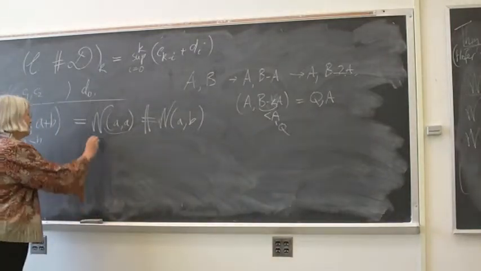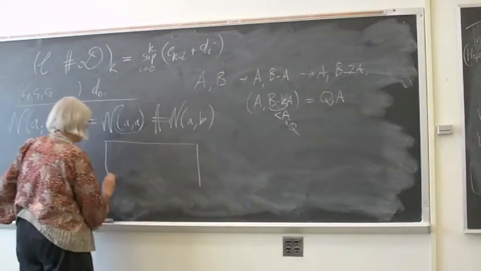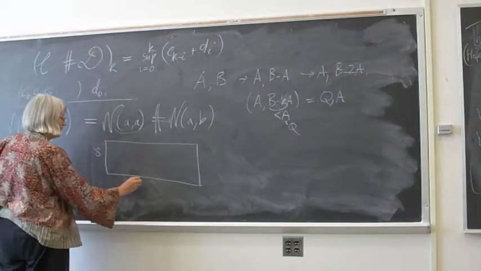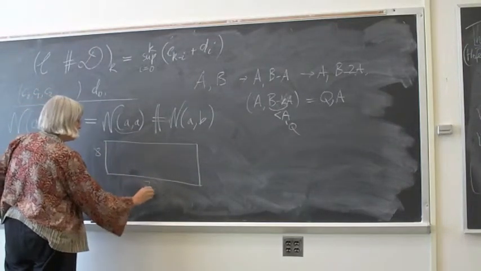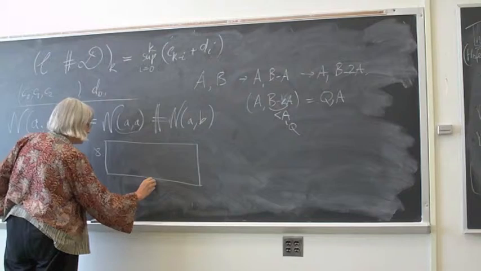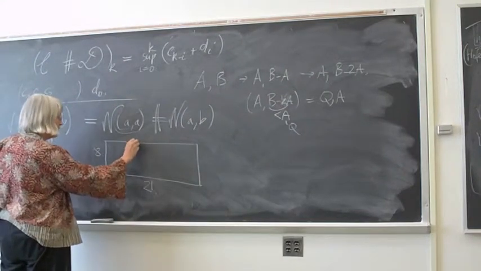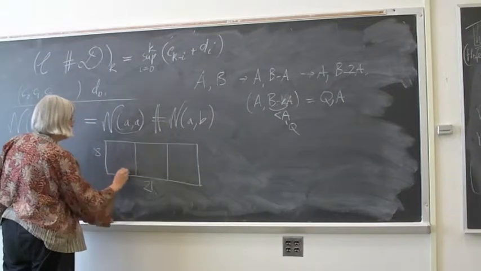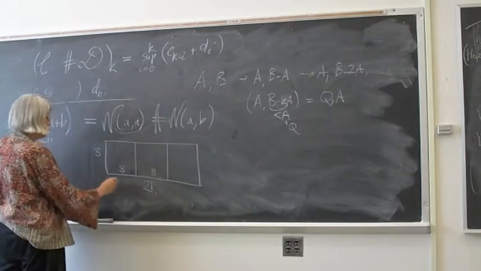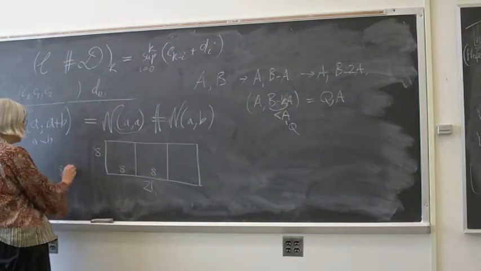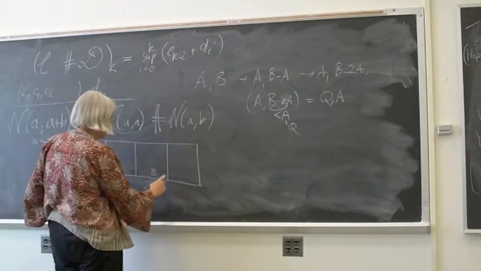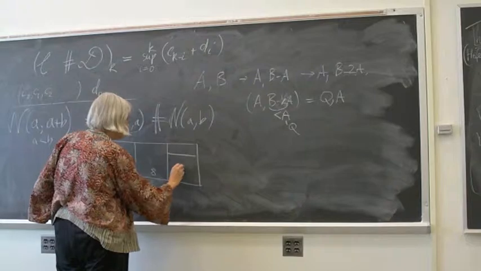So take 8 over, well, say 21. Then we can mark off some copies of 8. So that's an 8 and an 8. We start off with 8, 21, and we take away one 8 and take away another 8, and then you're left with a 5.